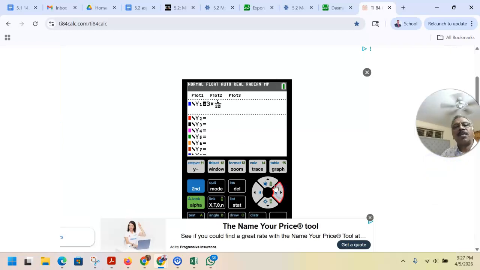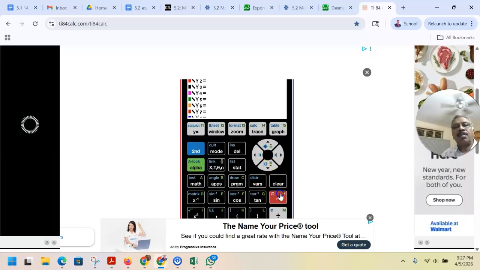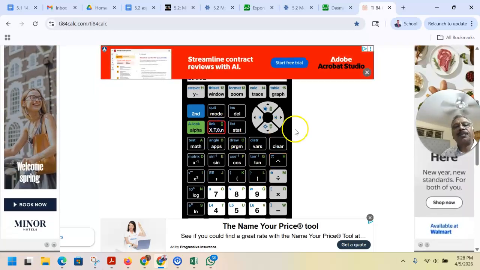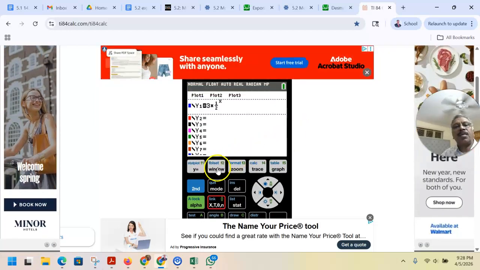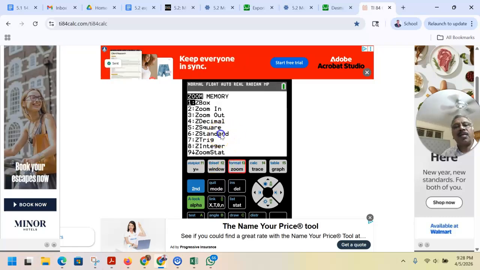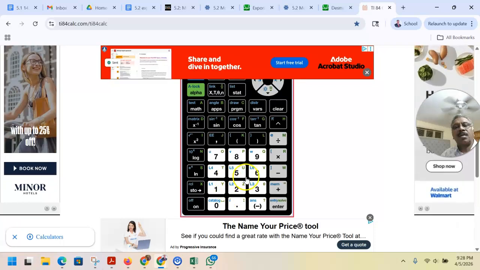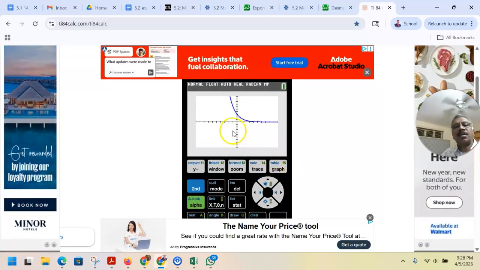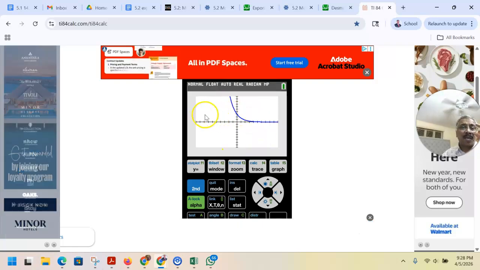You go here and then go up and put an x. And then I will use zoom, put standard, which is 6 here, and then graph. You can clearly see the graph here.